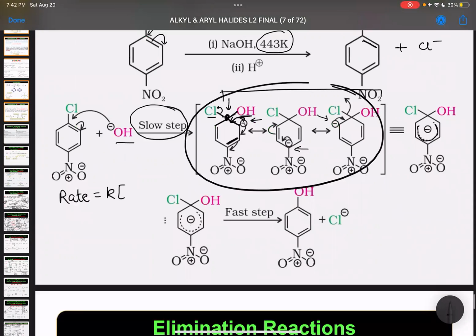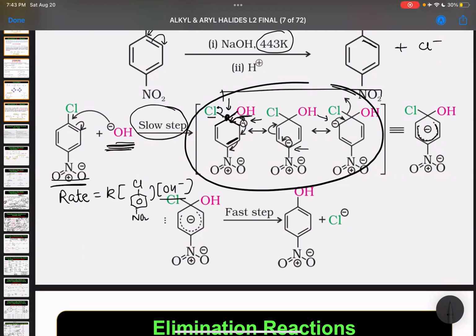K times the concentration of both of them, it will depend upon the concentration of both. Is it clear? Because both species are involved in the reaction, the concentration of both of them will affect the rate of the reaction.